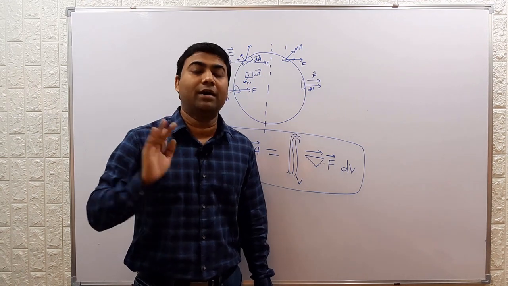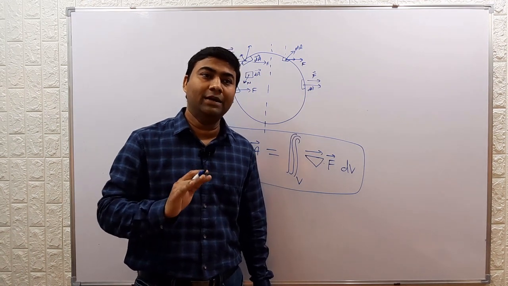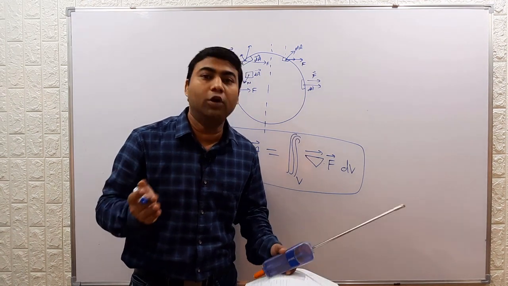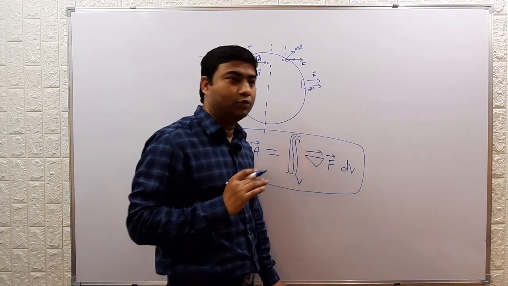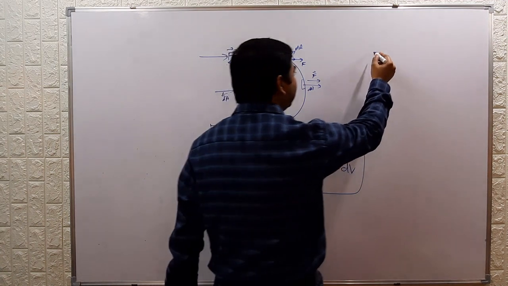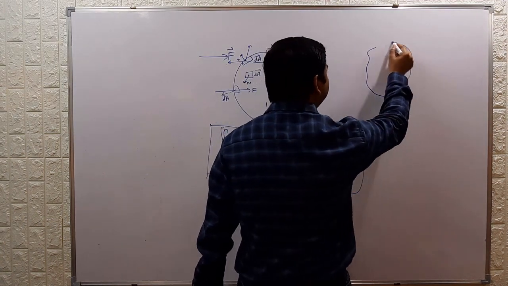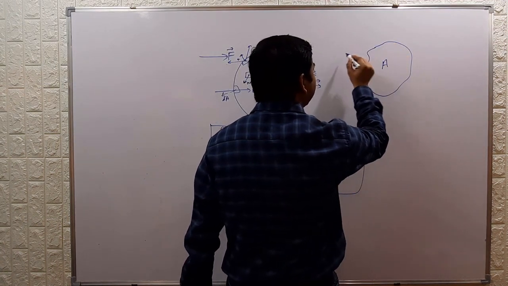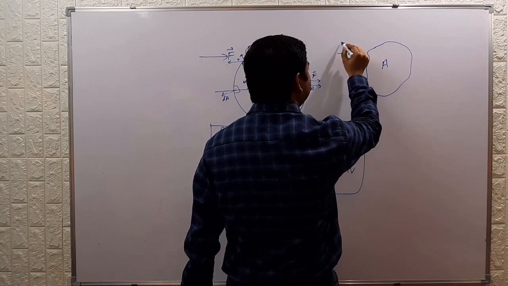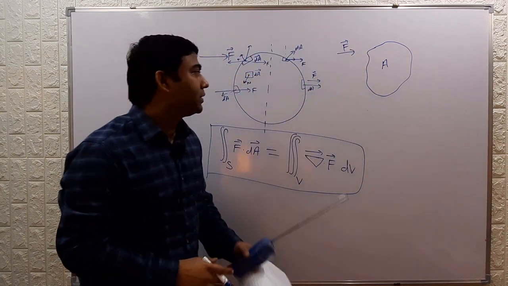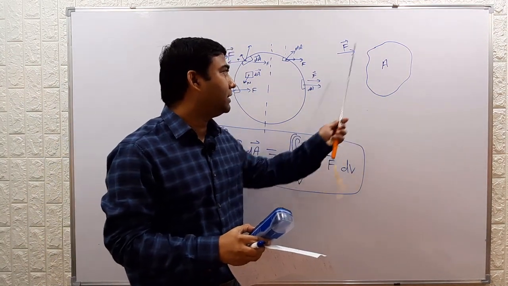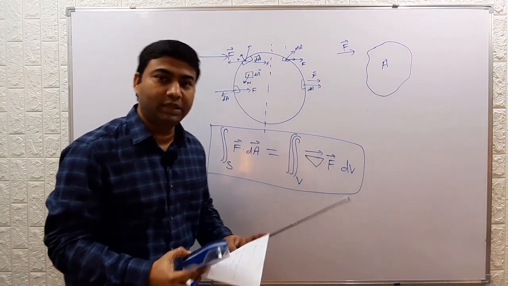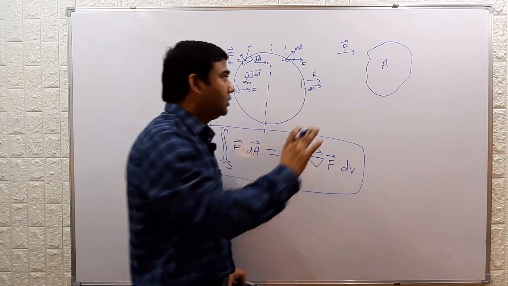It is only for an area which doesn't create a volume. For that we have Stokes' theorem. So what is the statement of Stokes' theorem? This is an arbitrary area A, and this is the existing vector field throughout this area. Throughout this area, a vector field is present in space.